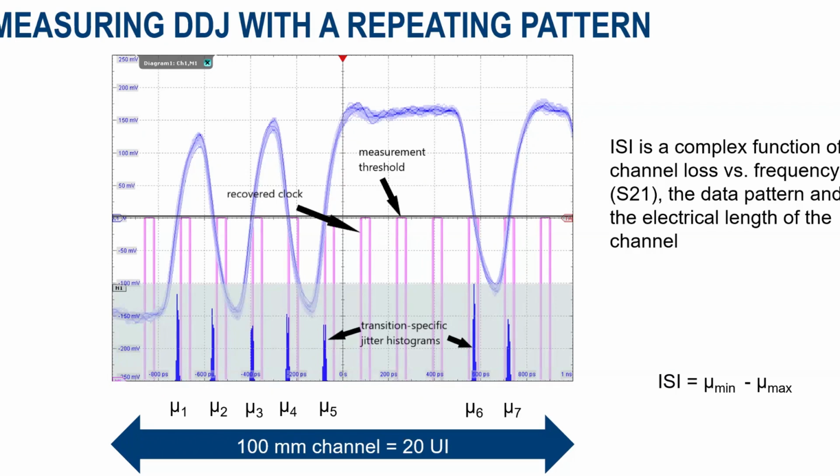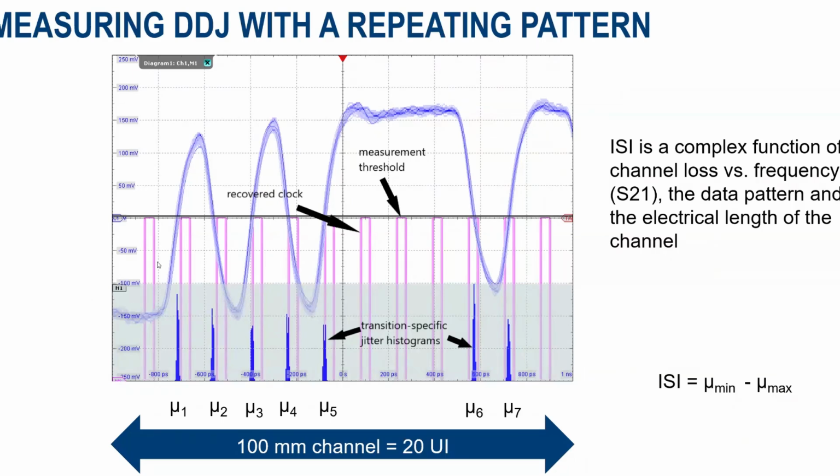And so having all of this information in the acquisition allows us to compute or measure the mean value of each crossing time. And then really to find the ISI, or the worst case jitter, we just simply find the maximum and minimum mean value error relative to the ideal location.